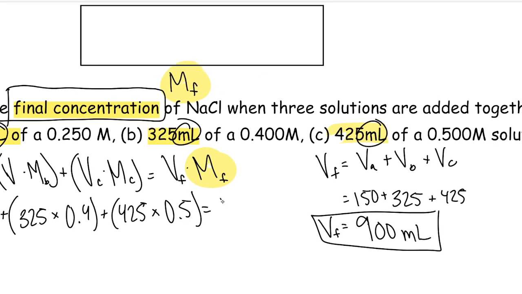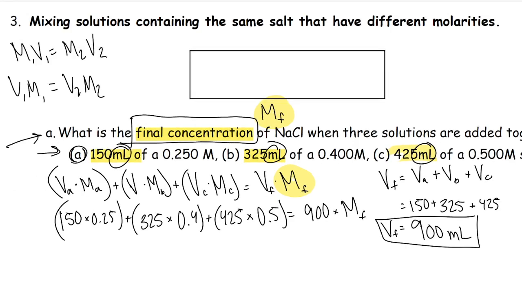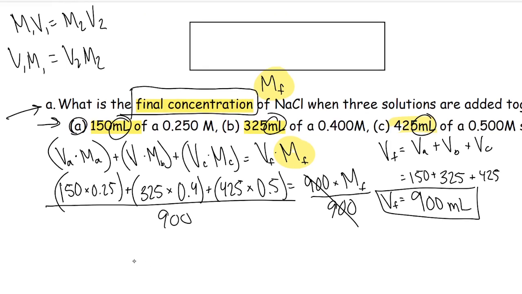And that would equal my volume final, which is actually 900, so I'm going to go ahead and just plug that in, times my molarity final. Then to get my molarity by itself, I would need to divide this side of the equation by 900. My 900s will cancel, and then I would divide this side also by 900. So take a second, calculate that, and then that will give you your final molarity.